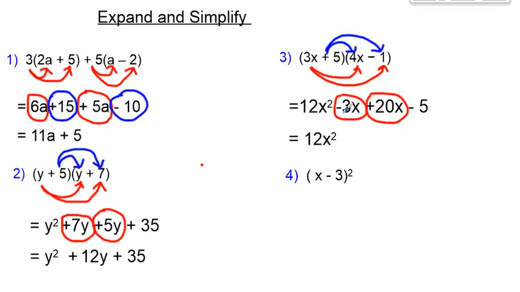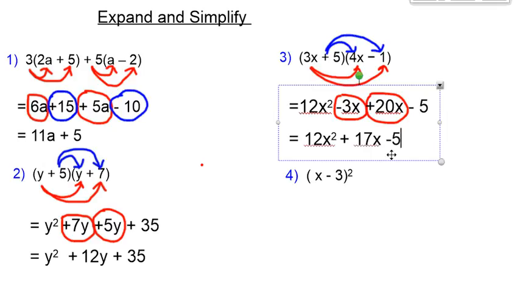We now have minus 3 plus 20. Minus 3 plus 20 will give me plus 17x. And the minus 5 stays the same. Okay.